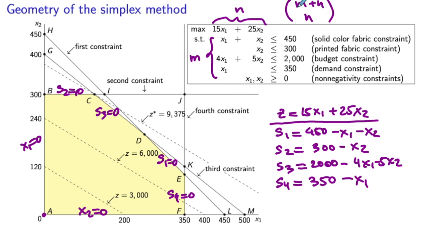Of course, m plus n choose n gives only an upper bound on the potential number of basic feasible solutions, because not all the basic solutions are feasible. For example, if I look at the bases where s2 and s4 are non-basic, this means that s2 and s4 are set to 0, and the corresponding intersection point is going to be J, which is clearly outside of the feasible region.